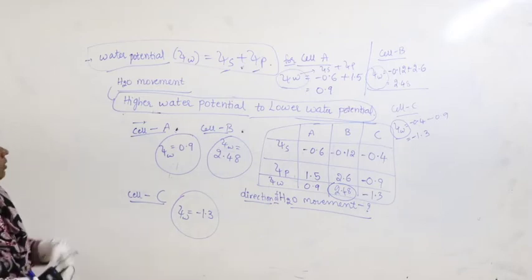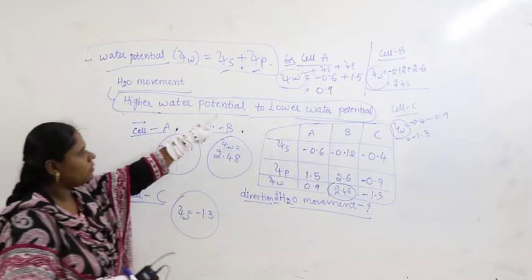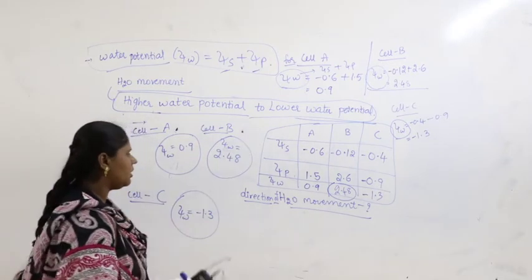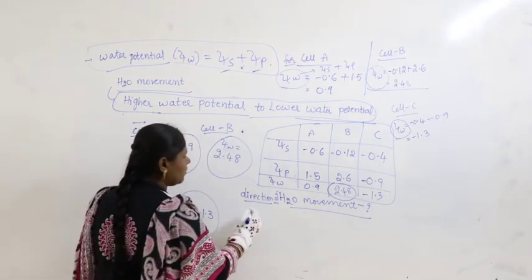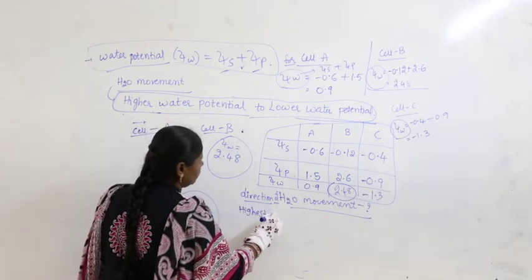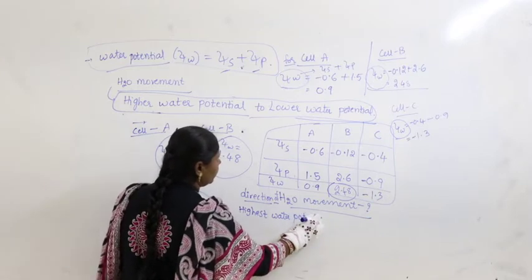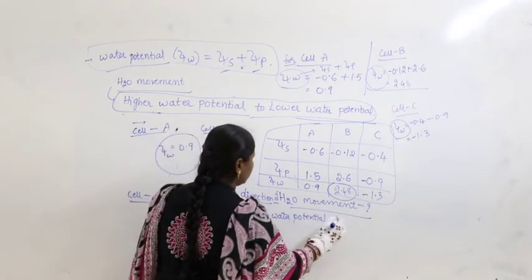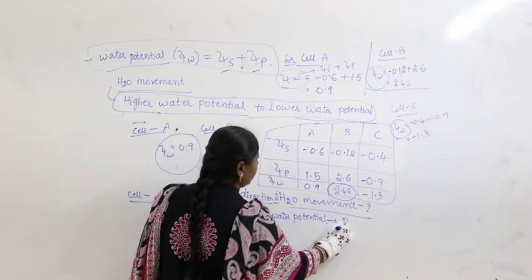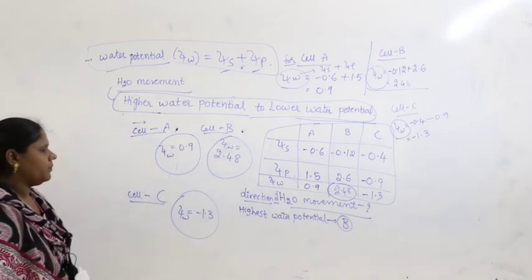Right. Now water always moves from higher water potential to lower water potential. So which one has the highest water potential? Highest water potential is for B, right?